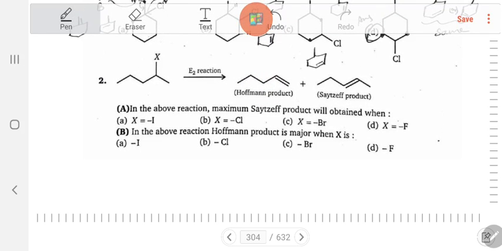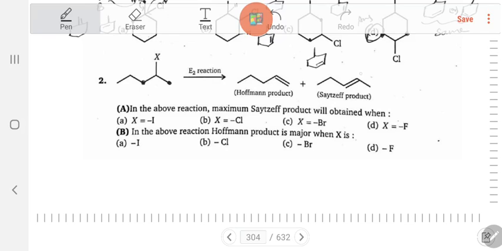Now, next question. Here also E2 elimination. E2 elimination means the base has to abstract hydrogen from beta carbon. So here there are two beta systems, here and here. From these beta systems, the base should abstract hydrogen, then the bond has to be shifted and the halogen has to leave. So you may get the Saytzeff product as well as the Hofmann product.